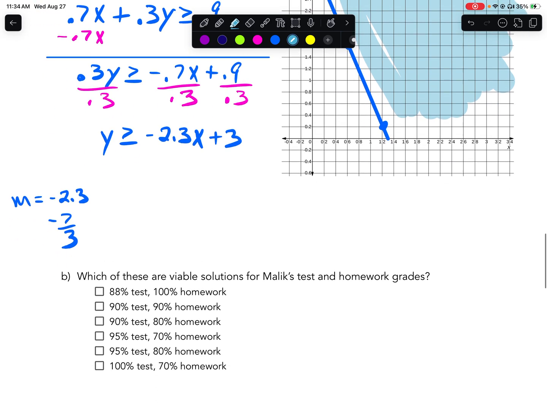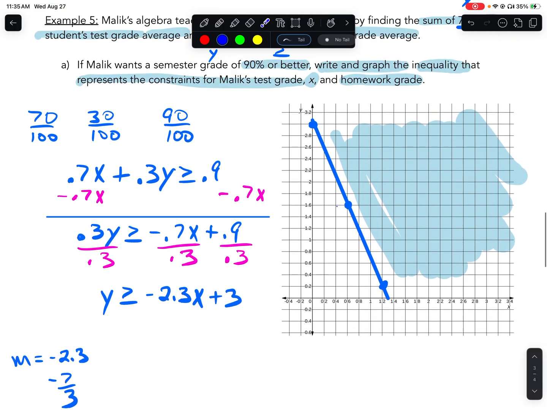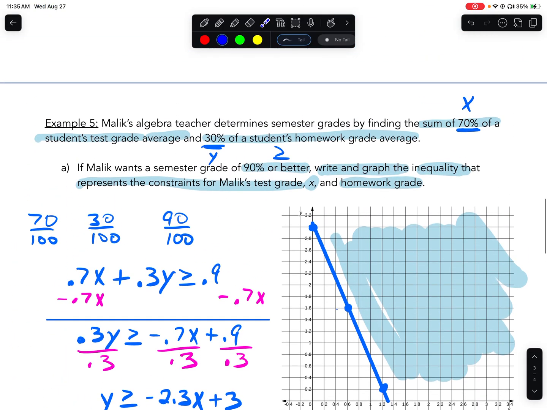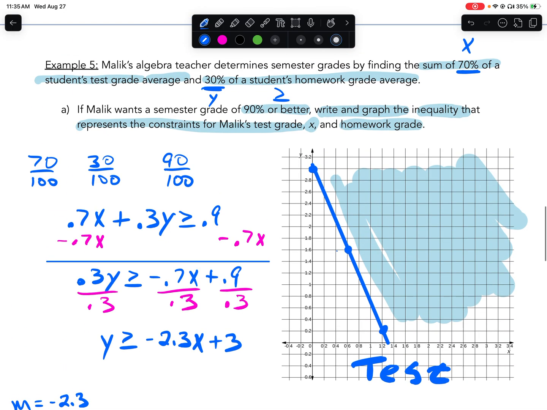Okay, so I'm going to answer the B questions right below here, which of these are viable solutions for Malik's tests and homework grades. Can he get an 88 on his test? So we have to remind ourselves which is test, right? So the x-axis is our test average, and the y-axis is our homework average.